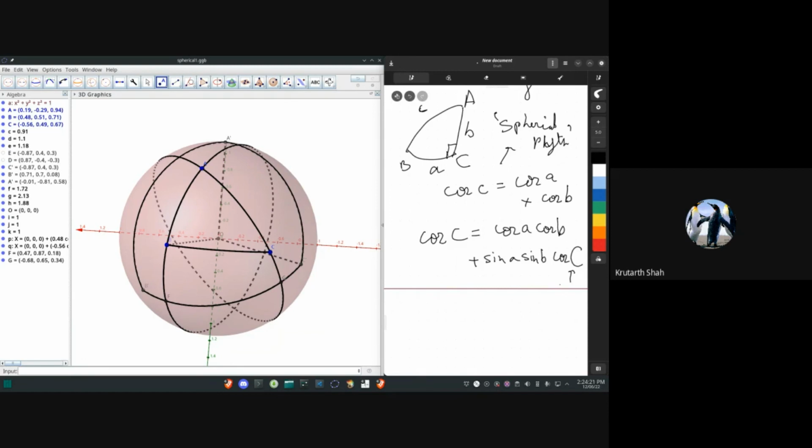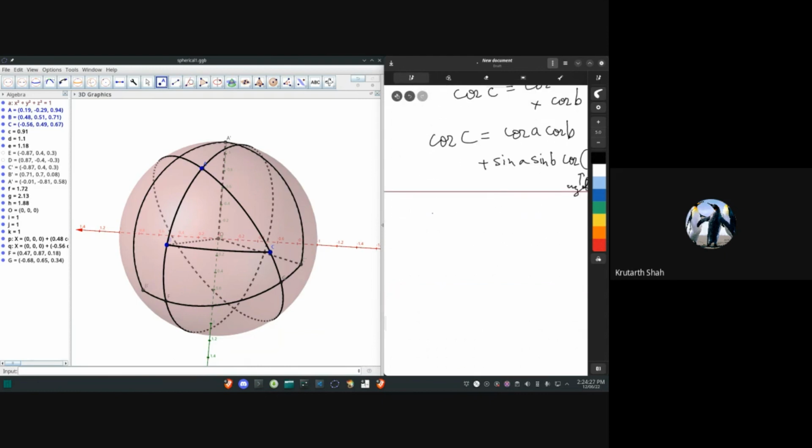This is the angle, and the rest are the lengths. You also have the sine rule working, which is interesting. So sine angle A by sine A equals sine angle B by sine B, and so on, whatever the sides are.